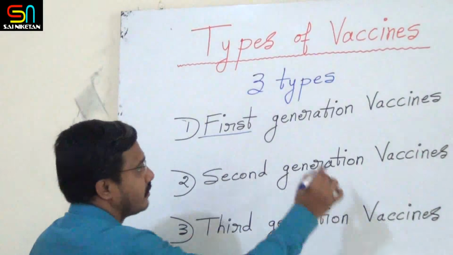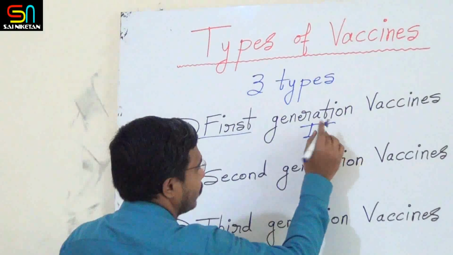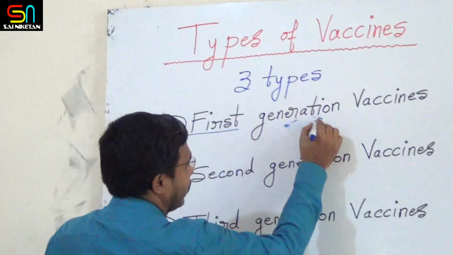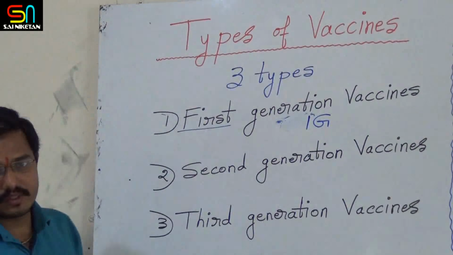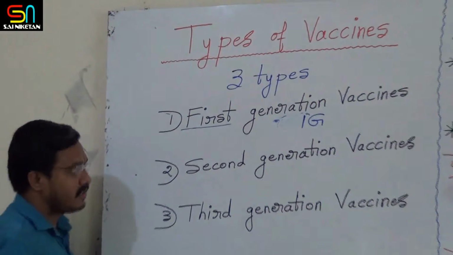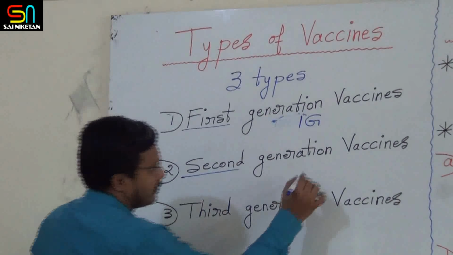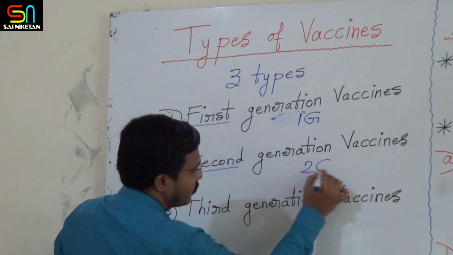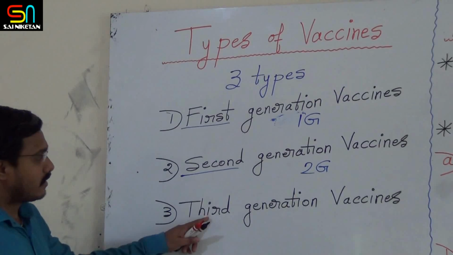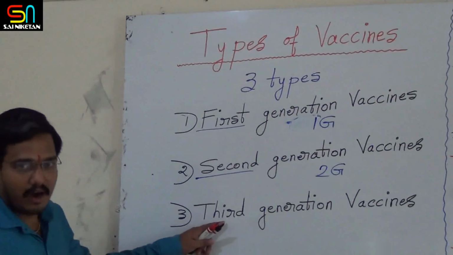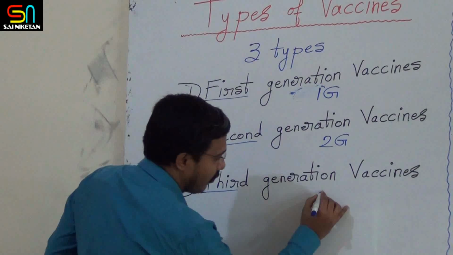We can write it as 1G. The second type is called second generation vaccines, 2G. The third type is third generation vaccines, called 3G.